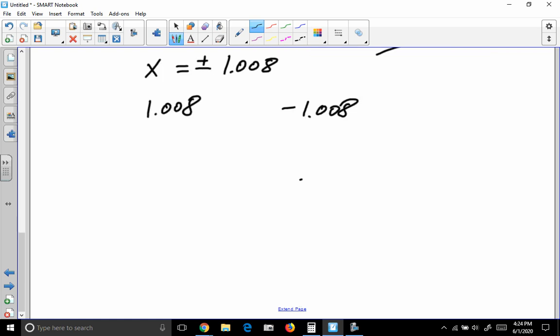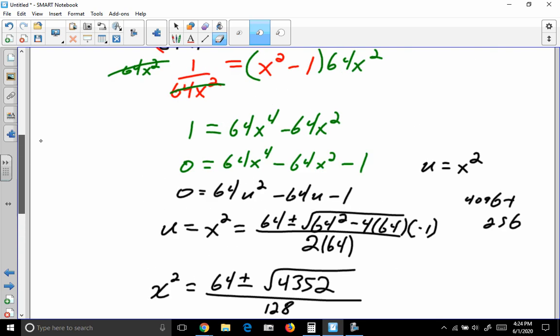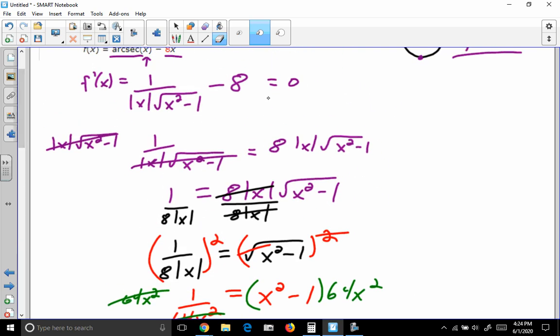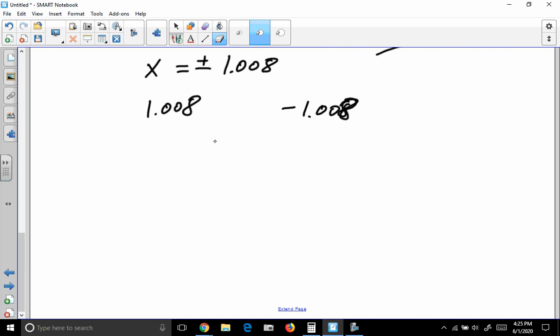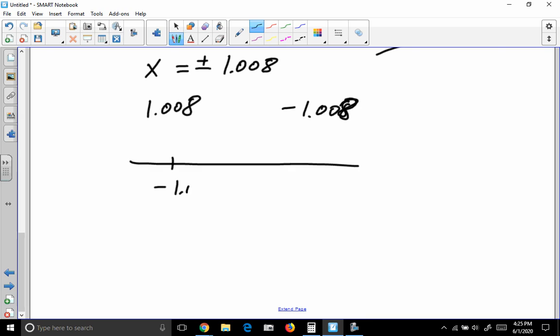Then we just need to use either the first or the second derivative test to see which one of these is a maximum, which one of these is a minimum. This is our first derivative, so you probably don't want to have to take the second derivative of that. So we can put in a variety of numbers. We think about a number line. We have negative 1.008, we have 0, we have 1.008.